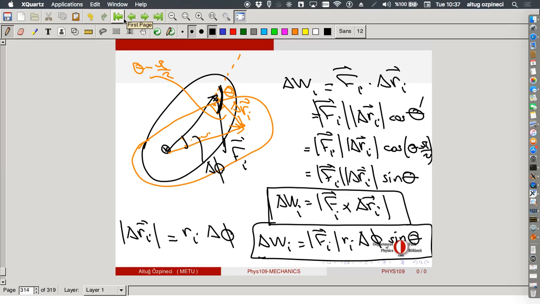So at this step, whether the object is following an arc or going along a straight line or making any kind of fancy motion, I don't care. This equality always holds. Going from this step to this step also holds. This is just the definition of the scalar product. The only place where I use that it is going around an arc is over here.